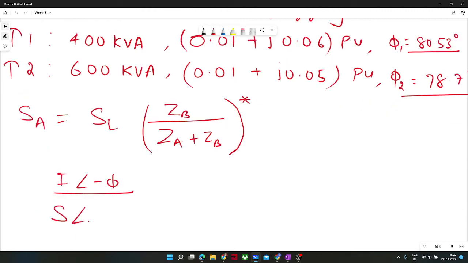Sir, such power factor was cos of tan inverse 0.06 by 0.01. There my angle was 89.5. You are saying that value is wrong? Yes, sir. The first one, 0.06 divided by 0.01, that is 80.53 coming.